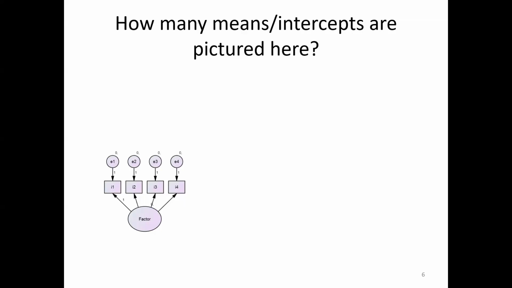So in a normal single group scenario, what's commonly done is to just constrain the mean of the factor to be 0, because the factor has no real scale of its own. That works fine in a single group scenario, and then we estimate all of the item intercepts.